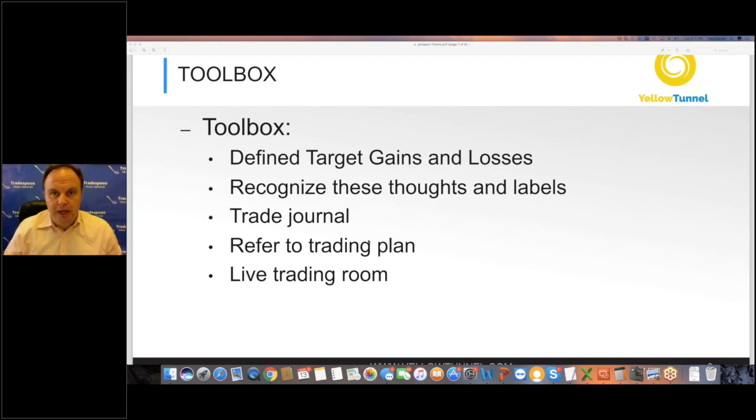Let's say you're looking for 75% success, or you're looking for 20% success but a higher return on investment. Whatever the numbers are, if you want 3 out of 4 trades to be successful, then your job is to make sure that the 3 winning trades will outweigh the 1 losing trade, and so on and so forth. So deciding about your target gains and stop losses ahead of time is very important.